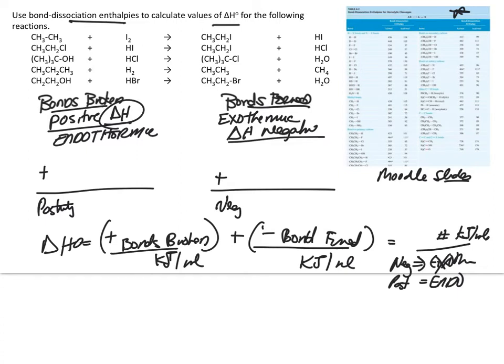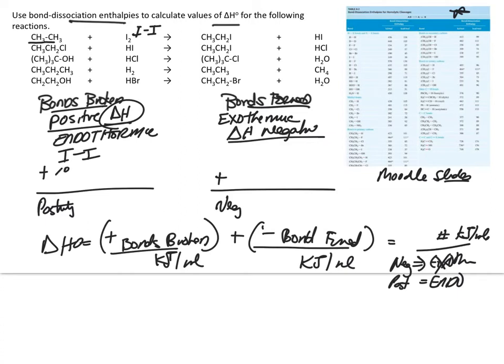So when you look at this, first, what bonds have to be broken? You can write the whole mechanism. So as you can see here, iodine has to break, and so does this. You got to keep track of the classification of the hydrogen because it goes on a primary.